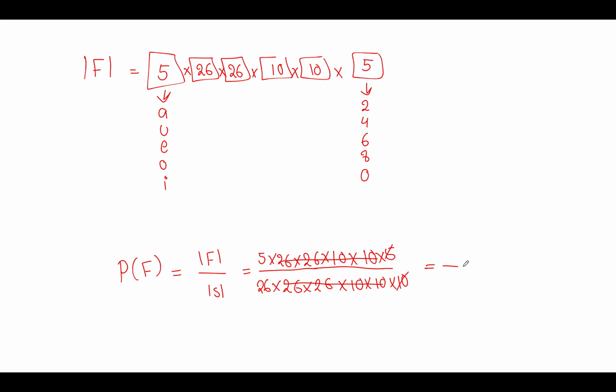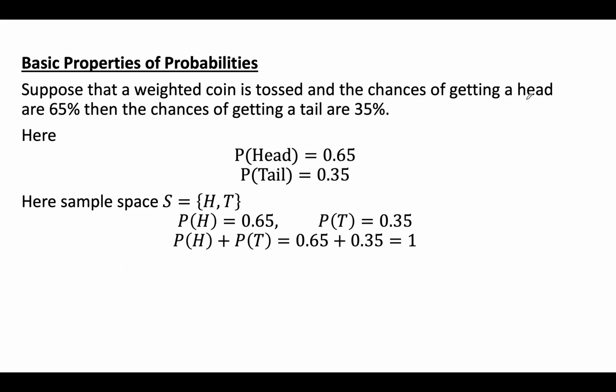Then I'm left here with 5 over 26 times 2, which is equal to 5 over 52. Hope everything is clear. Now let's move to the basic probabilities.